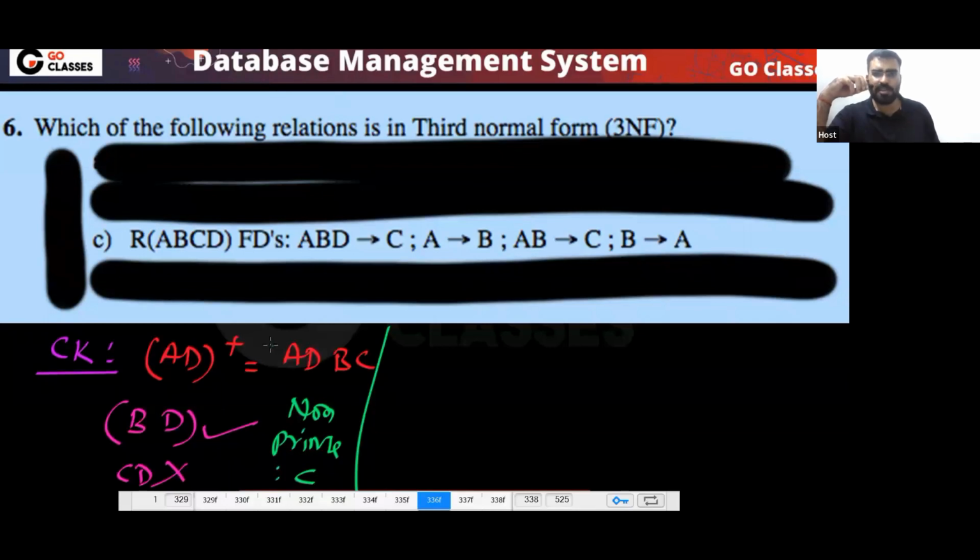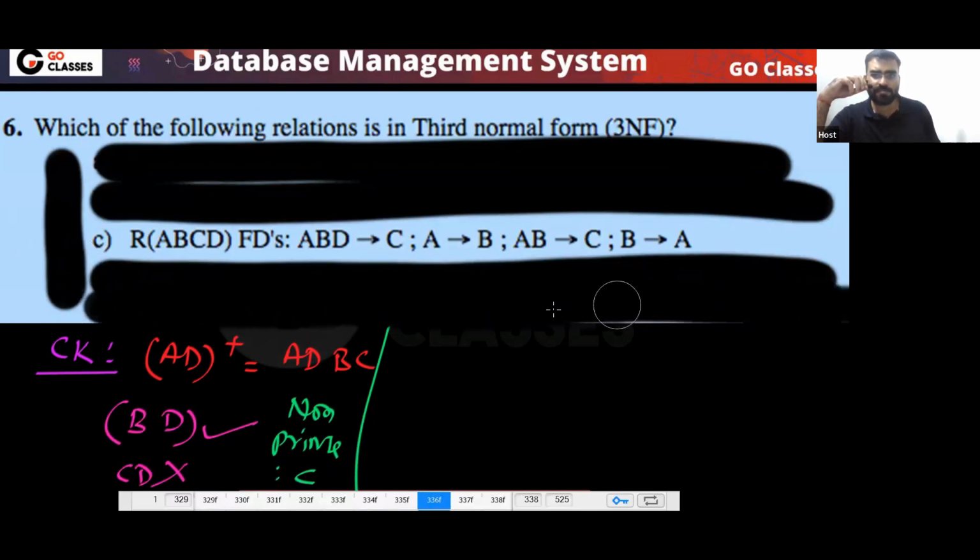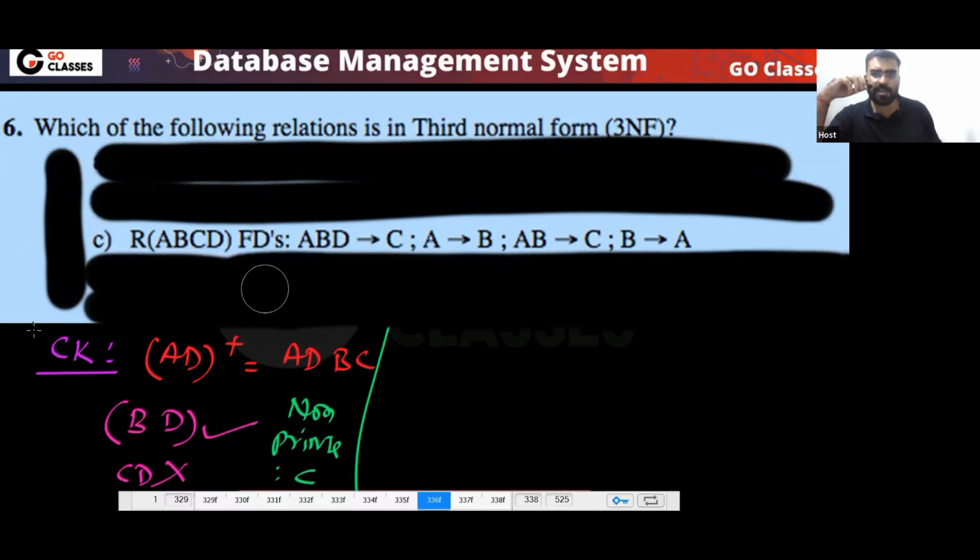Now you tell me, is this relation in 2NF? Can a proper subset of a candidate key determine C? How many proper subsets are there?